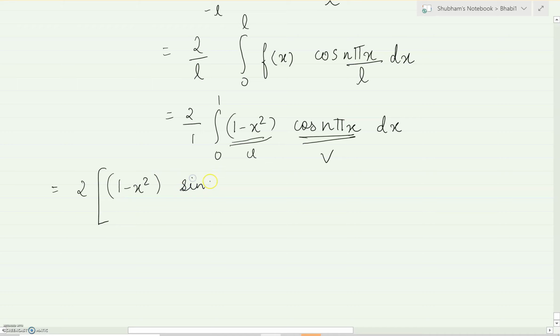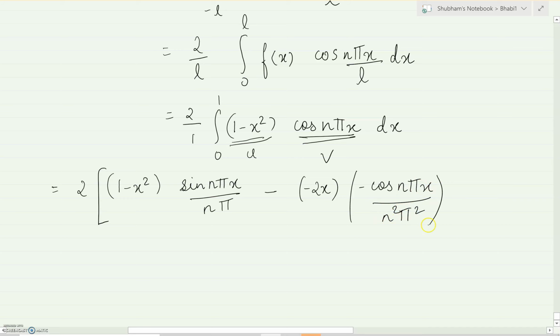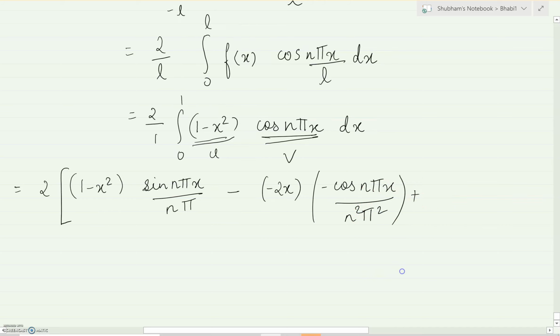Integration is sine of n pi x upon n pi, and then derivative and again integration. Next, minus 2x, you take the derivative, which is minus 2, and then again you integrate, which is minus sin n pi x upon n cube pi cube. The limits of integration are 0 to 1.